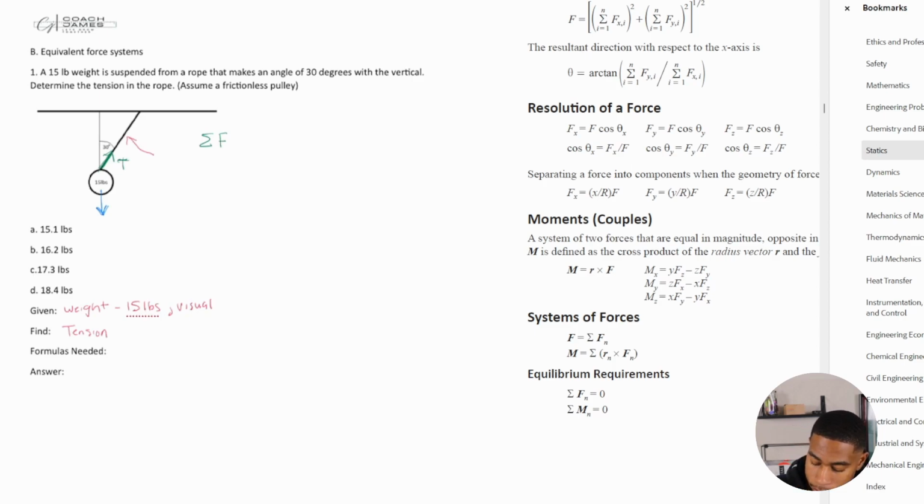So we can say, okay, the sum of the forces in the x direction equals 0.